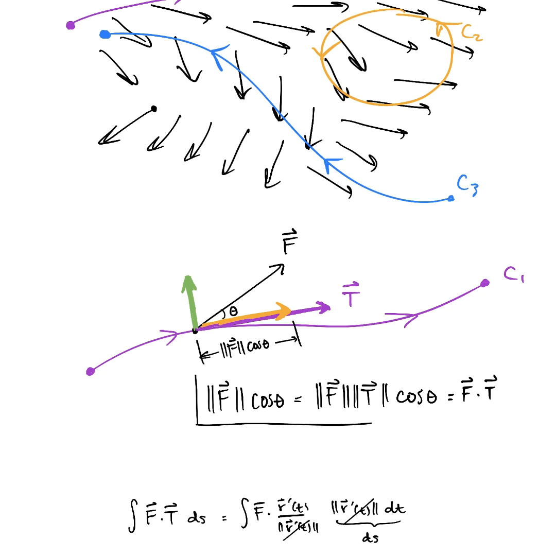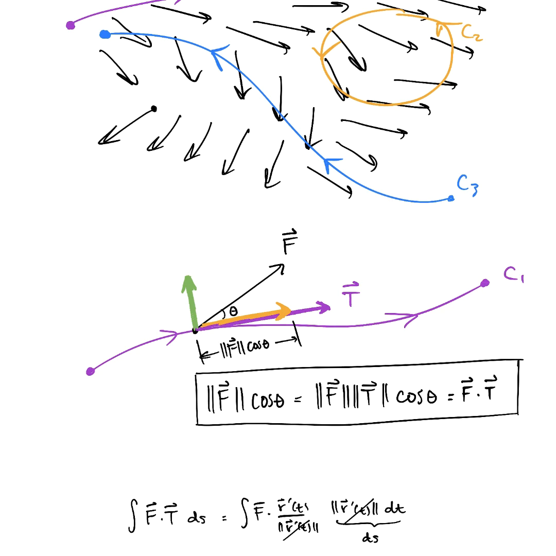So the key thing about this picture is that the amount of the black arrow in the direction of the purple arrow is nothing other than black dot purple. That's it.